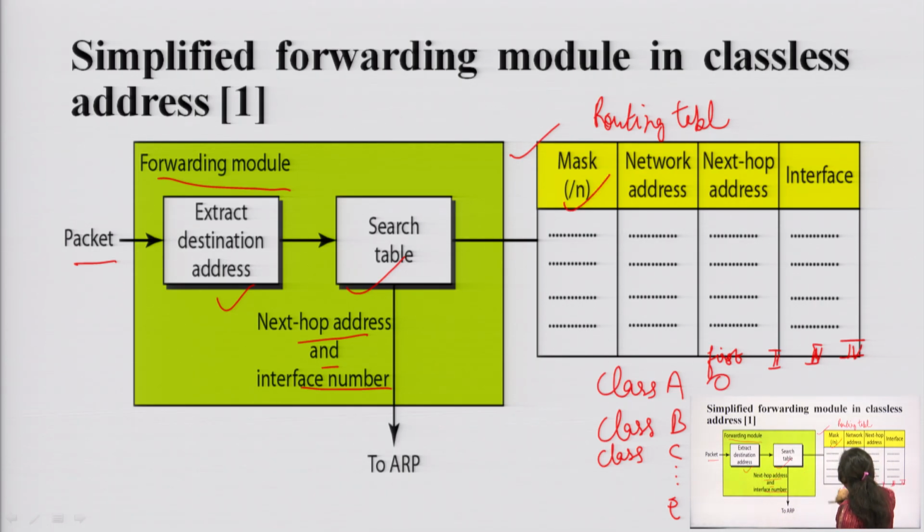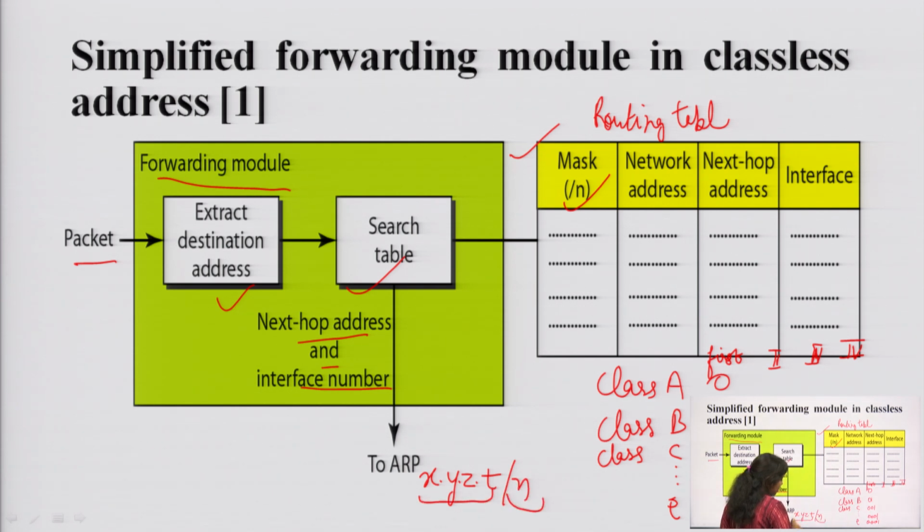So, this consists of the mask, denoted by n. If you remember, for IPv6 we used this type of notation, in which this is the address and this is the mask number. From here we can find out what type of mask it has used, then this is the network address, next hop address, and this is the interface.